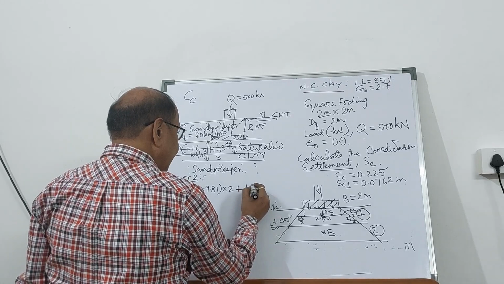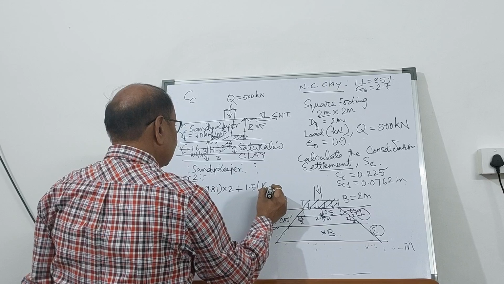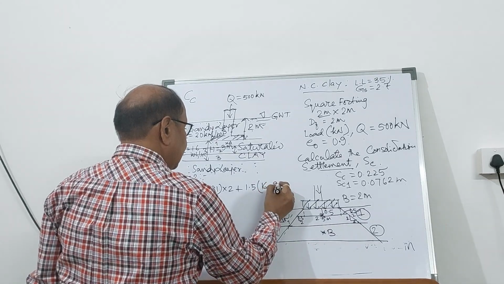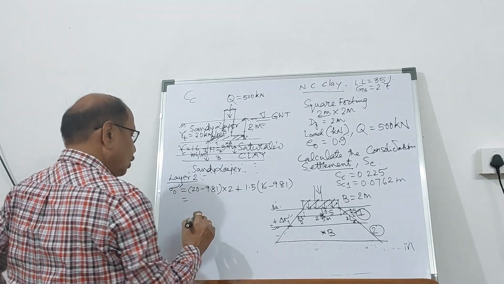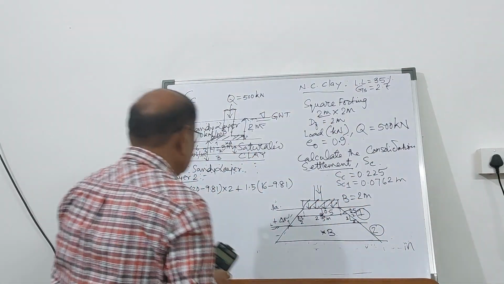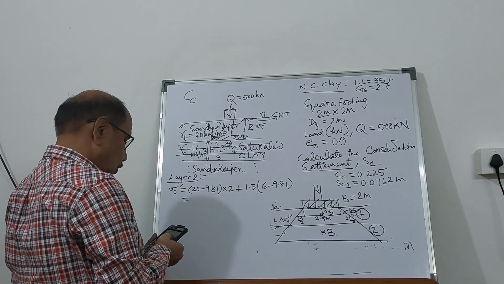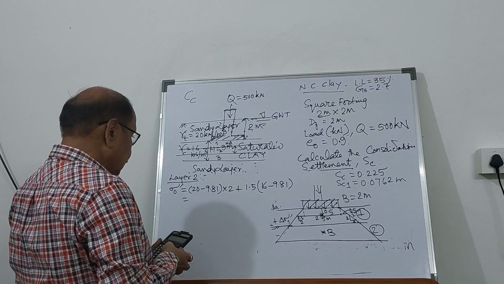So 1.5 multiplied by 16 minus 9.81. This becomes your effective overburden pressure. So you can calculate it quite easily.